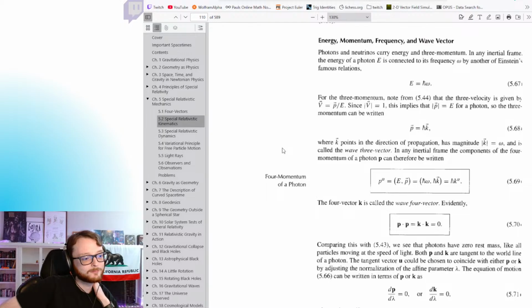Okay. And the momentum vector and the wave vector just point the same way. Yeah, so FizzBuzz is saying we're just scaling the momentum to change it into K.